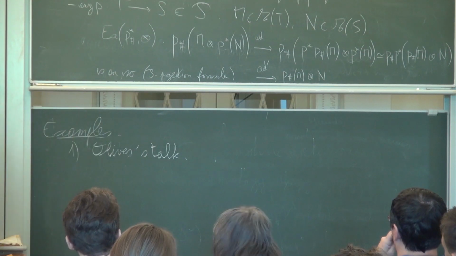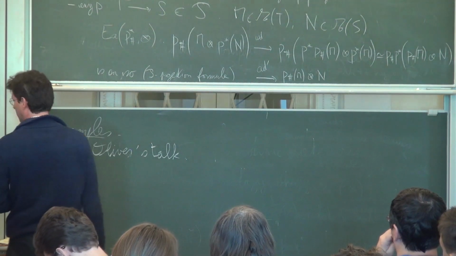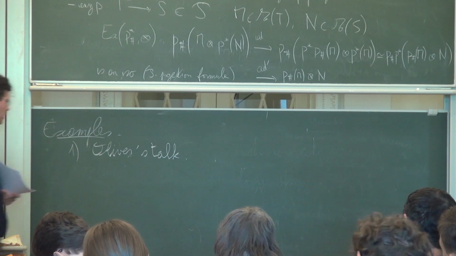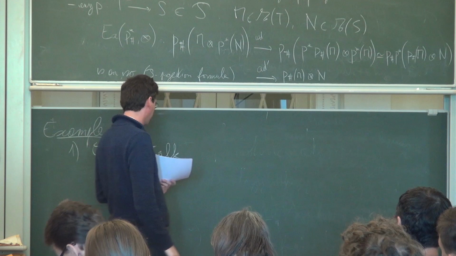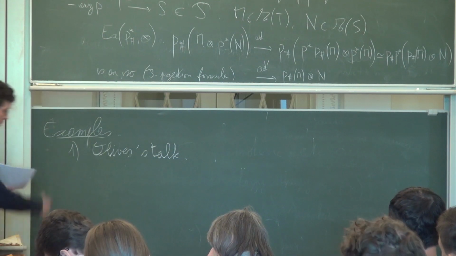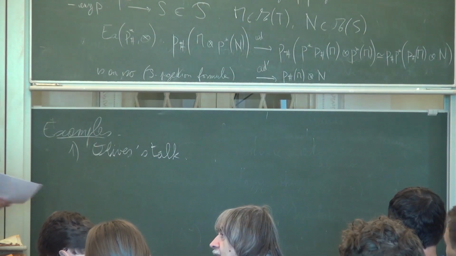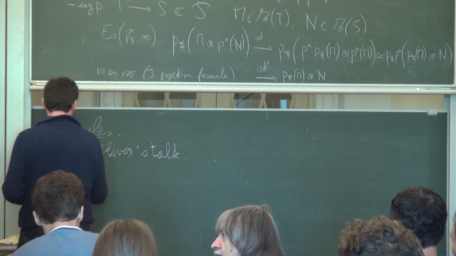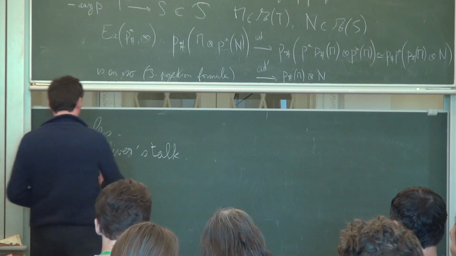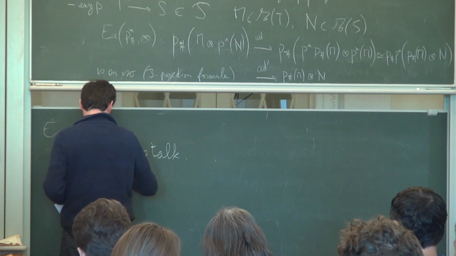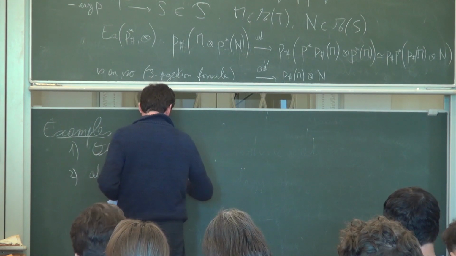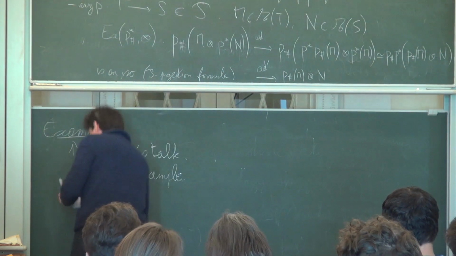And actually you can check that the P-base change isomorphism and the P projection formula are valid even in the category of sheaves of sets. Here, because I have a view towards motives, I will state abelian examples. So what do I mean by abelian? So the setting is like that.